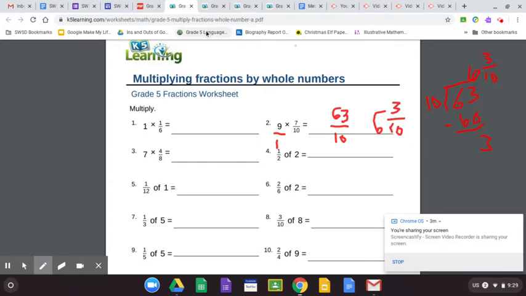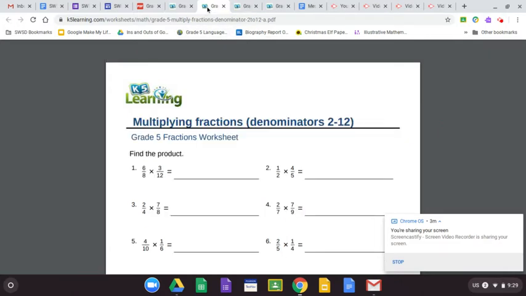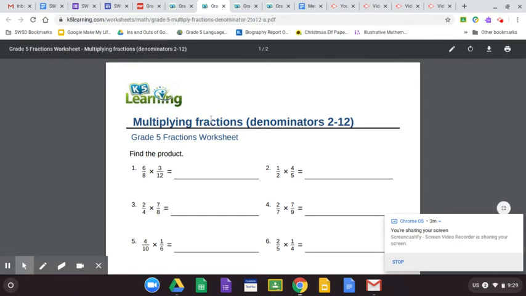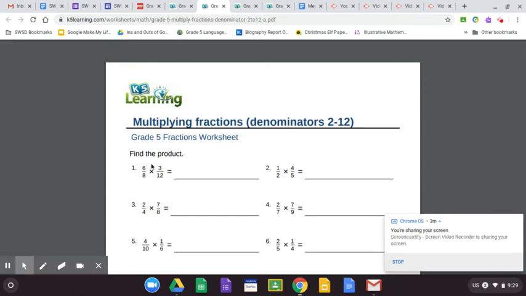So the next thing is you're going to multiply with just regular fractions. So you would multiply across. For number 1, you would do 6 times 3 is 18, and then 8 times 12 is 96. So 18/96. From here, you have to check always.